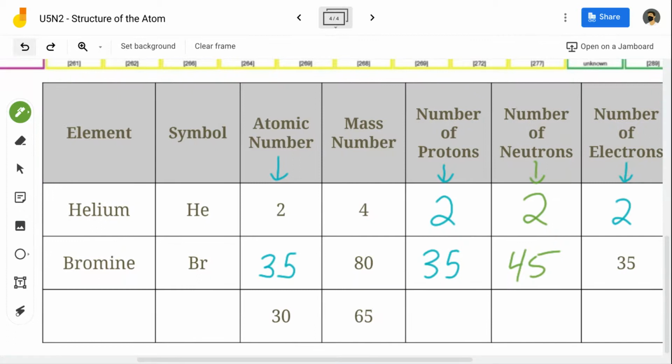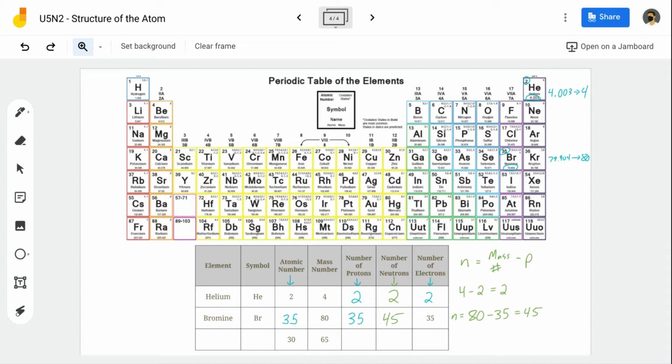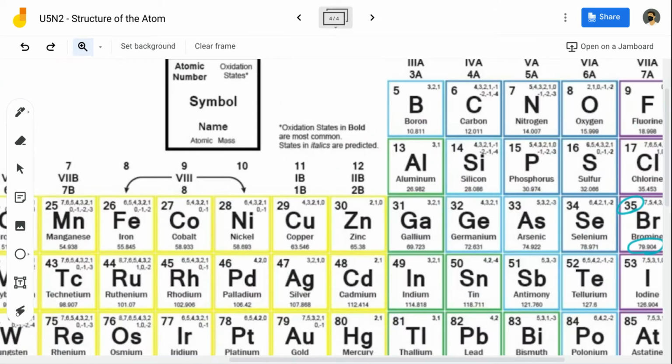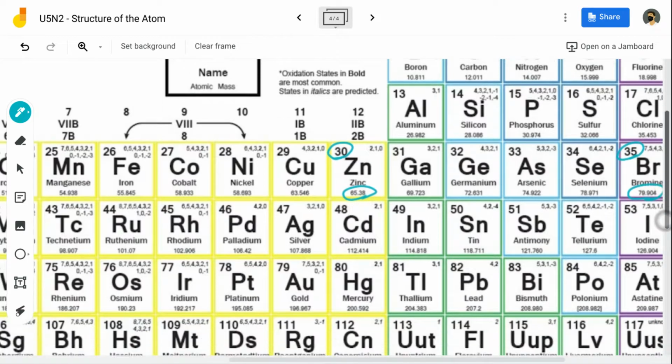For our last element, we don't have the name or the symbol, but we do have the atomic number. So the atomic number is the number at the top of the cell. If we go look at the periodic table, we're looking for the number 30, which is right there. And so the element that we're looking at is zinc, which has an atomic number of 30 and a mass number of 65 once we round it.